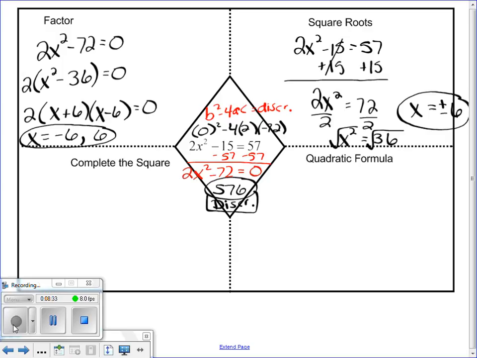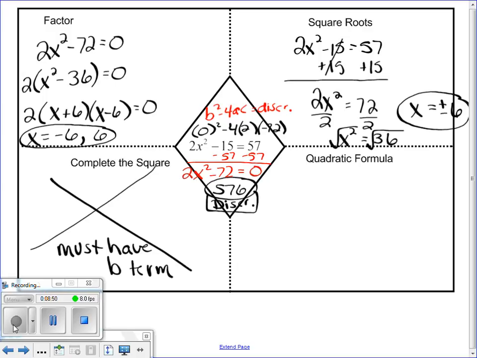All right, what about completing the square? Can I use that method? What must you have? You have to have a b. I don't have one. The b would be 0, but the problem is, in this method, I have to do b over 2 squared and add it to both sides.